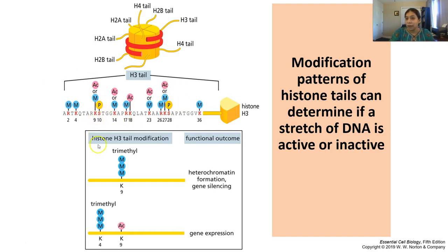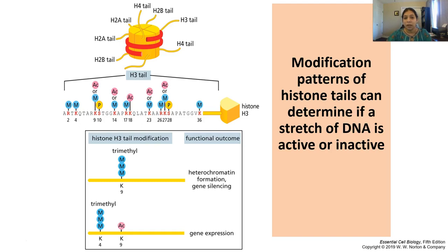Now, certain amino acid residues can get either acetylated or methylated, right? So this arginine is just getting methylated, but then some of them are getting methylated or acetylated. And that "or" is important because when it's methylated, it's more compacted. When it's acetylated, it's more open.